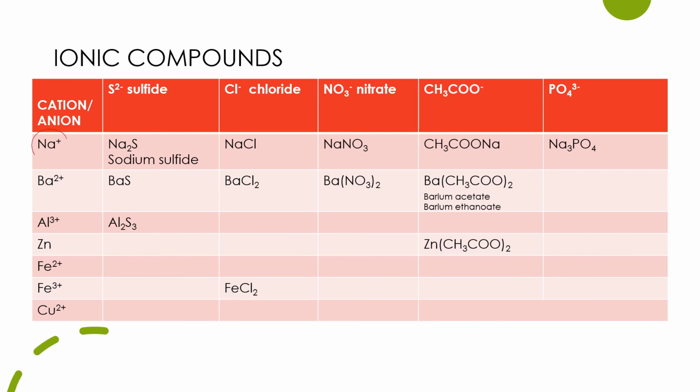Cations: Na+, Ba2+, Al3+. When the anion is S2- or sulfide, then the formula is Na2S, or sodium sulfide. For ionic compounds, you just combine the name of the metal from the cation and the name of the anion.